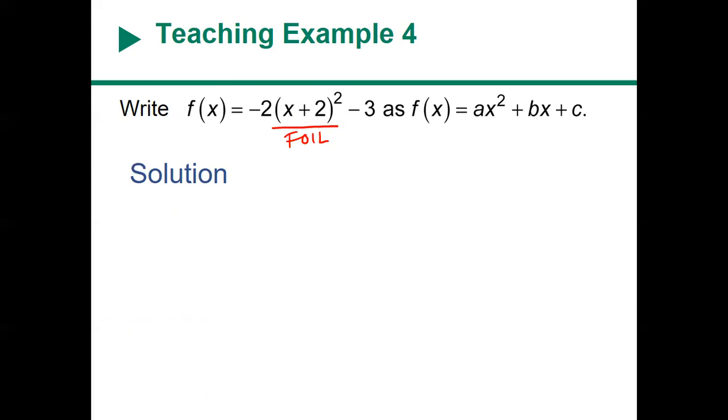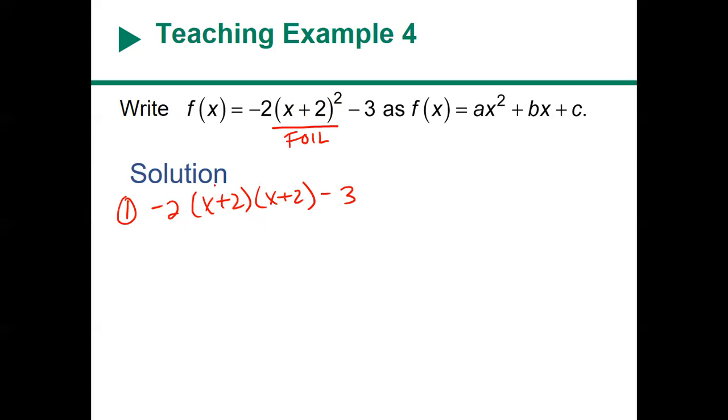Because what does that little 2 mean? I have how many of those? 2 of them. So the first thing we're going to do is expand this to write it as -2 times x plus 2 times x plus 2 minus 3. Which is why we have to FOIL, because x plus 2 squared means I have 2 of them.